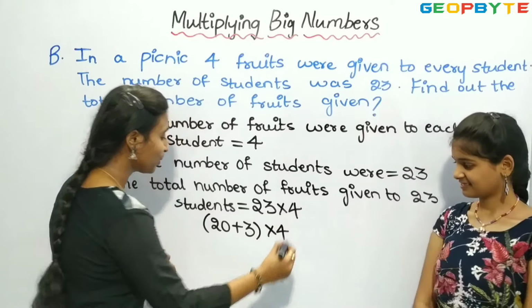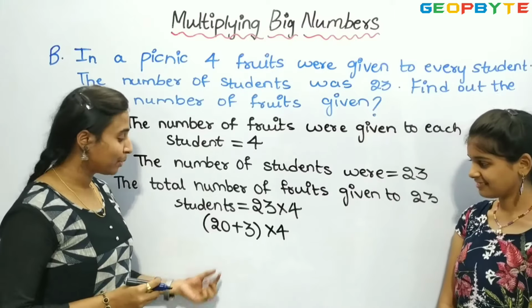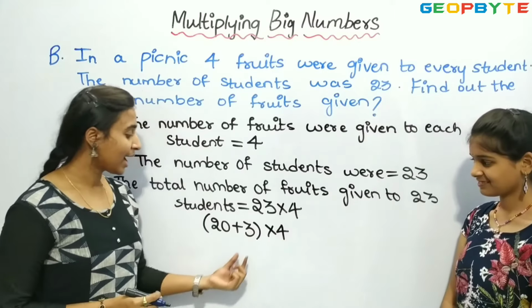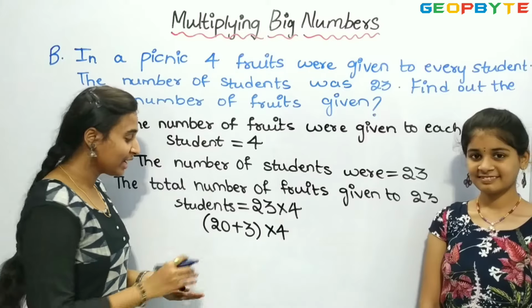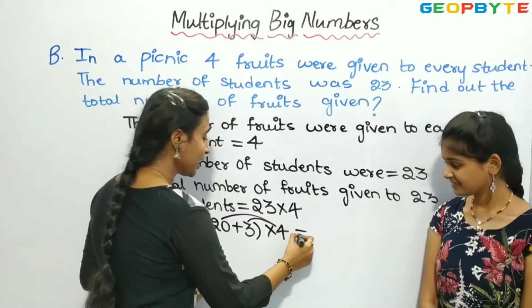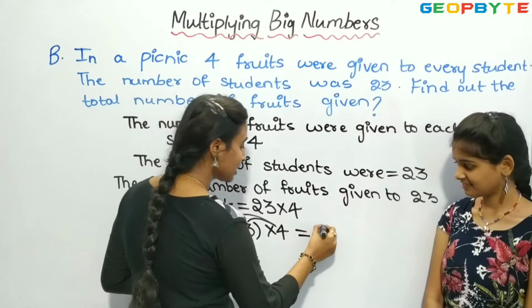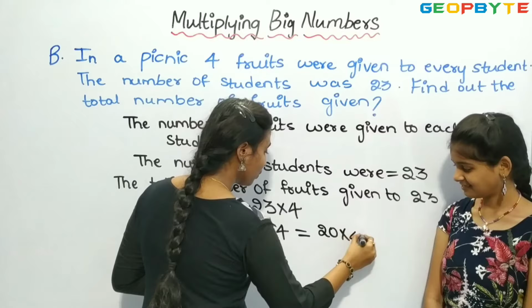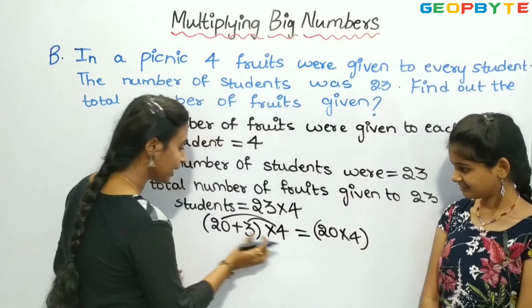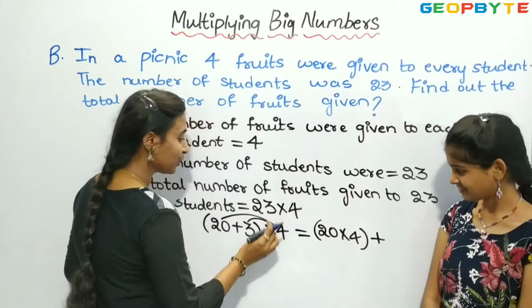Now what we need to do? We need to multiply 20 with 4 and 3 with 4. First, let us multiply 20 with 4. That is 20 into 4 plus 3 into 4.